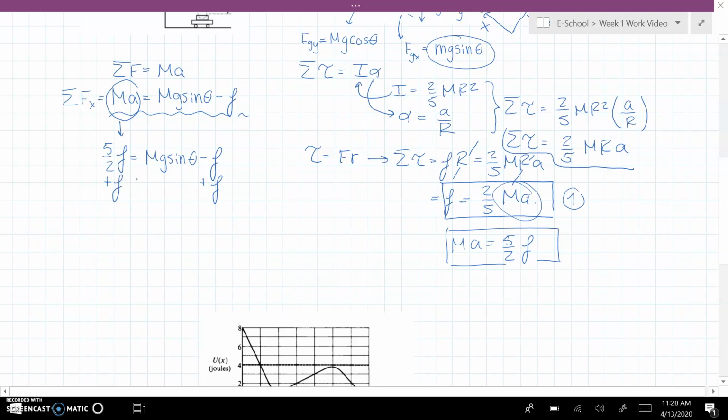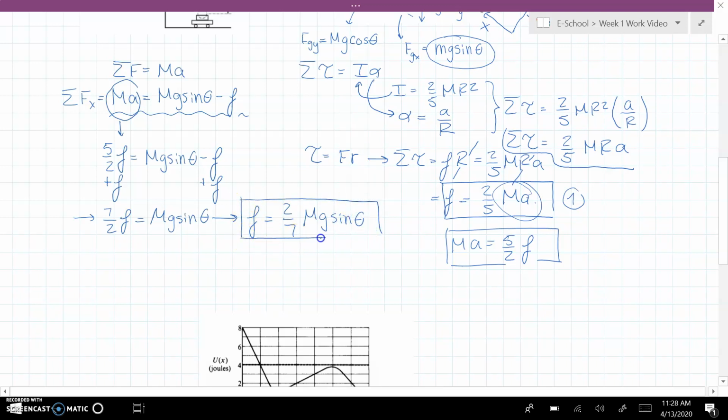If I take 5/2 and I add a whole, I'm going to get 5/2 plus 2/2, which gives me 7/2. So this becomes 7/2 force of friction is equal to mg sine of theta, which gives me the force of friction is equal to 2/7 mg sine of theta.